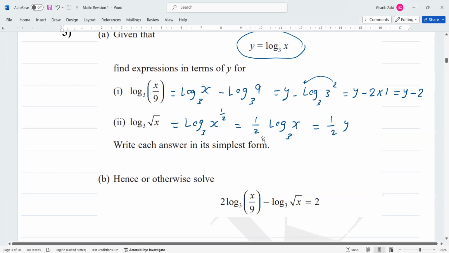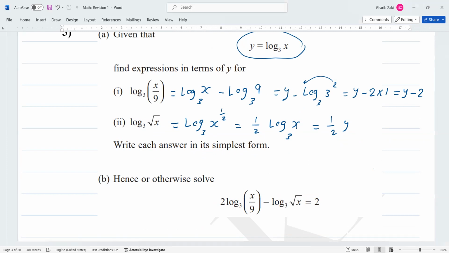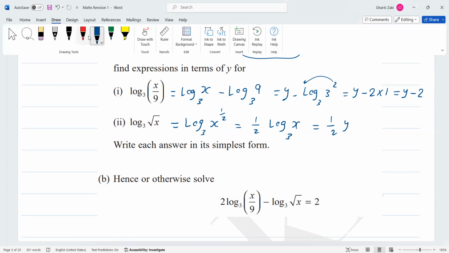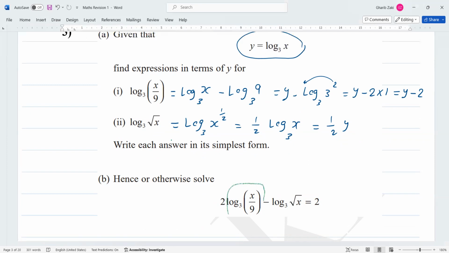Now, hence solve the equation. How can we solve this? The value we got before, log x over 9 in simplest form, is y minus 2, and log square root of x has this value, half y.